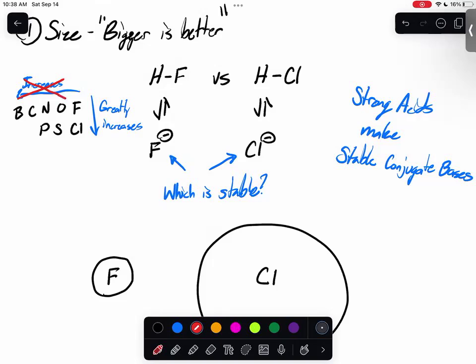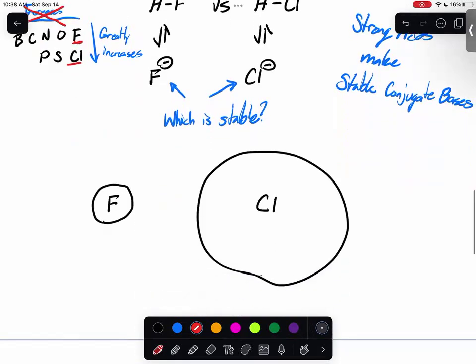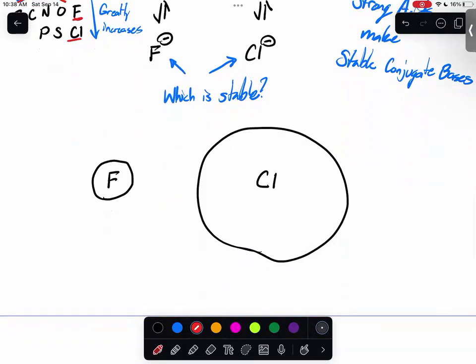And so we can see that fluorine being directly above chlorine, right? Chlorine is greatly increased in size compared to fluorine. And so that's where we're coming up with these two bubble sizes here. So looking at this, if you imagine a negative charge, it's not just a negative charge. It's actually spread amongst the surface of the entire atom itself.